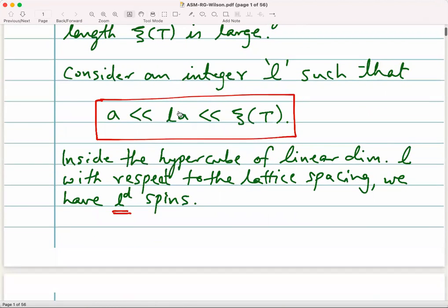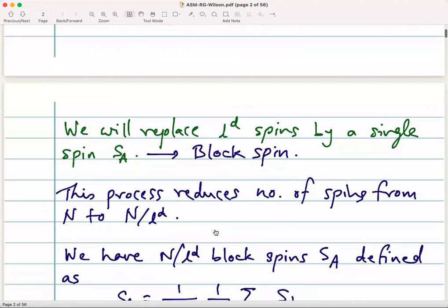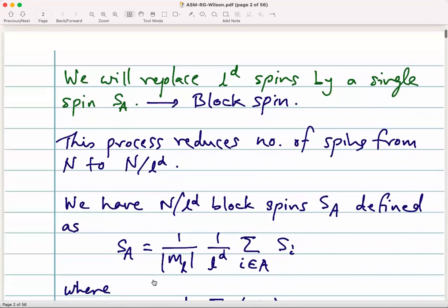New lattice sites will be denoted by capital A, and capital A runs from 1 to n upon L to the D, and they are defined as 1 over modulus of m_L times 1 over L to the D times the sum over all i belonging to the block A of the spins at all sites i. So there are L to the D such values of i inside the block A. You pick the value of the spins at every site and just take a sum of that.